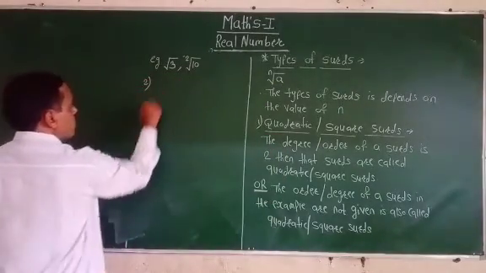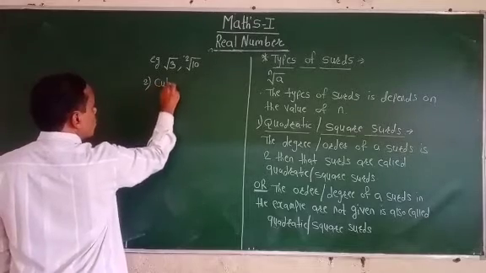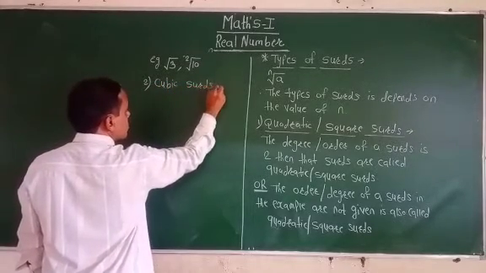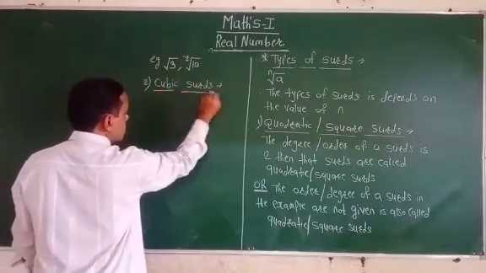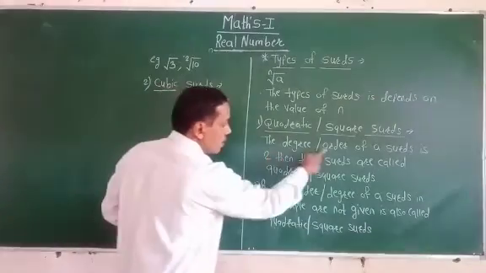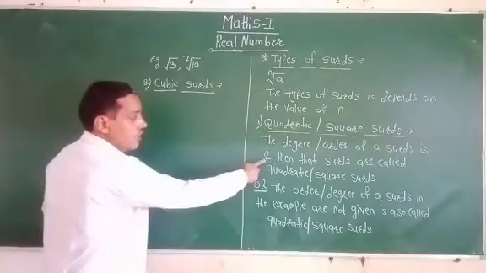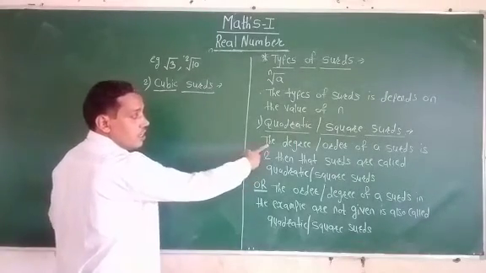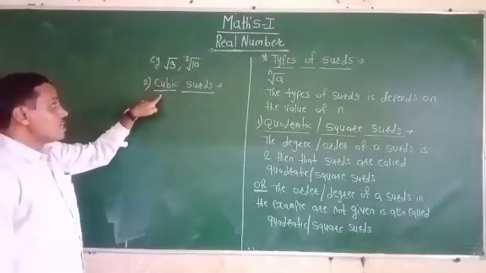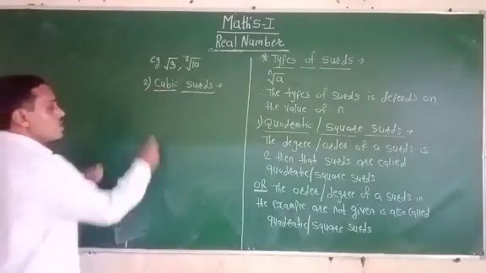So the second type is the cubic surds. What is meant by cubic surds? If the degree or order of the surd is 3, that surd is called a cubic surd.